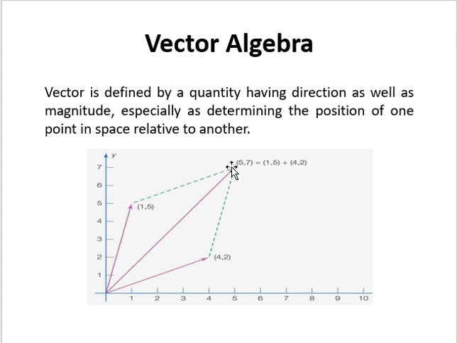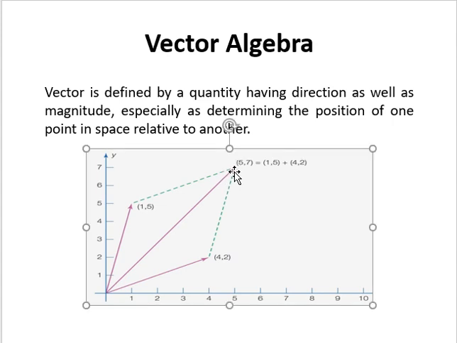Look at this endpoint (5, 7), and the x-axis. The x-axis cuts 5 units, and the y-axis cuts 7 units. So this point (5, 7) is denoted by 5i and 7j.